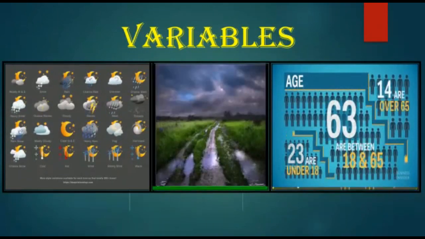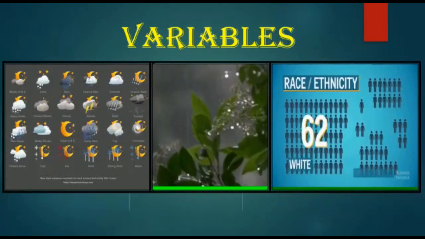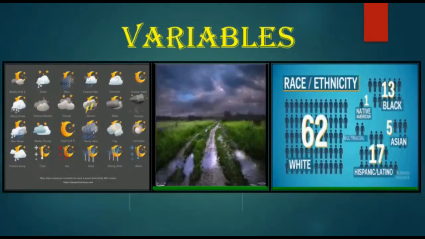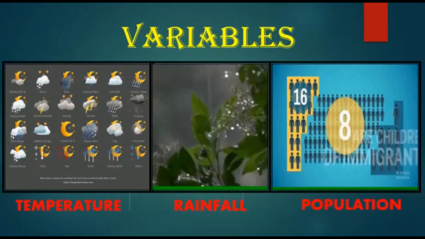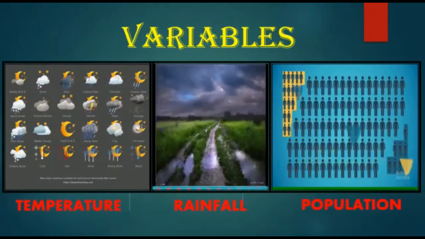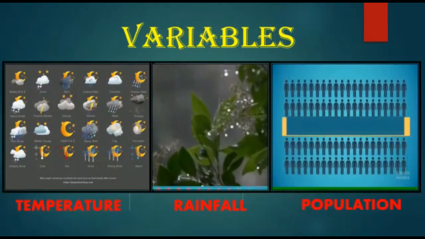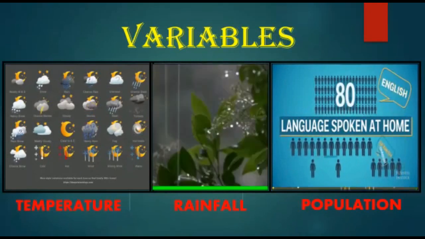Through thematic maps, the distribution of various variables in a region is shown. As you can see in the slide, distribution of temperature, rainfall, population is shown on the map according to the data of the variable. So rainfall, population and temperature are the variables to show the data.